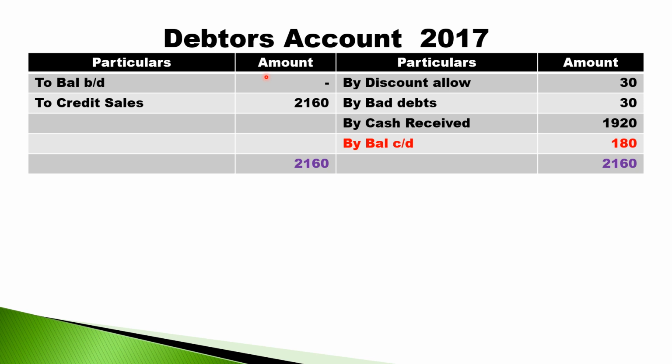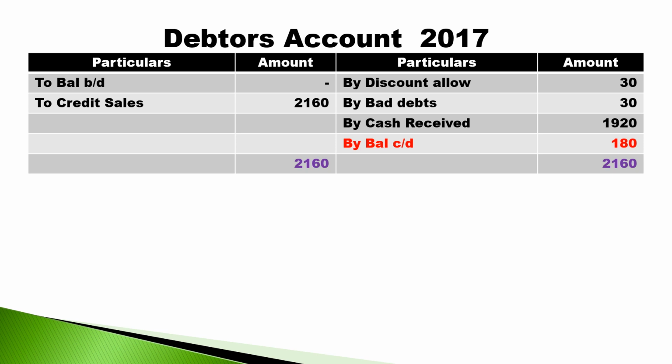Since the branch was started in 2017, to balance brought down dash, then credit sales of 2017, 2160, discount allowed is an income to debtor, 30, bad debts 30, cash received from debtor 1920. So therefore you get a closing debtor of 180 for 2017.